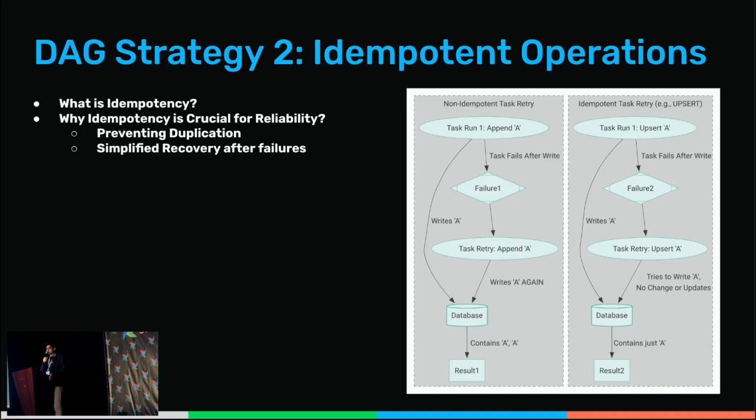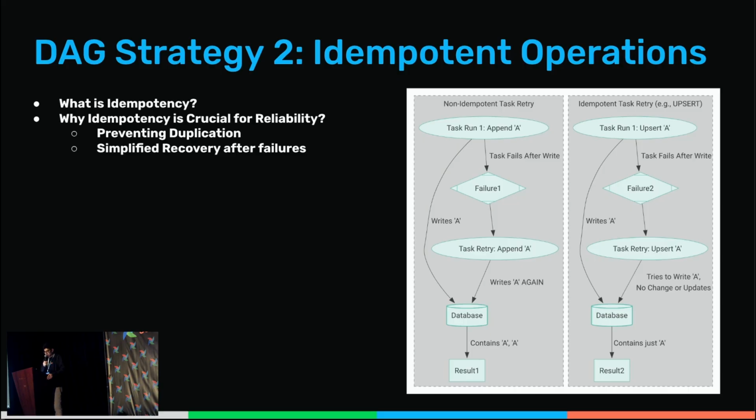That's what idempotence is: if you run the operation multiple times on the same thing, it will produce the same output. For example, this can be fixed if your operation has this step, which is writing to the DB, implemented in a way that, okay, if it's already written to the DB, don't write it, else write it.